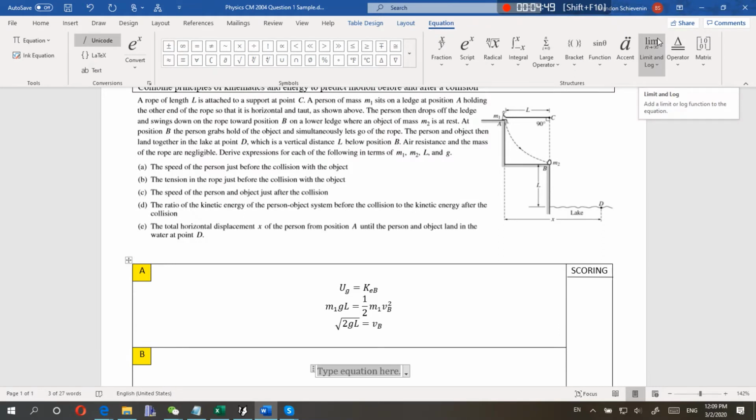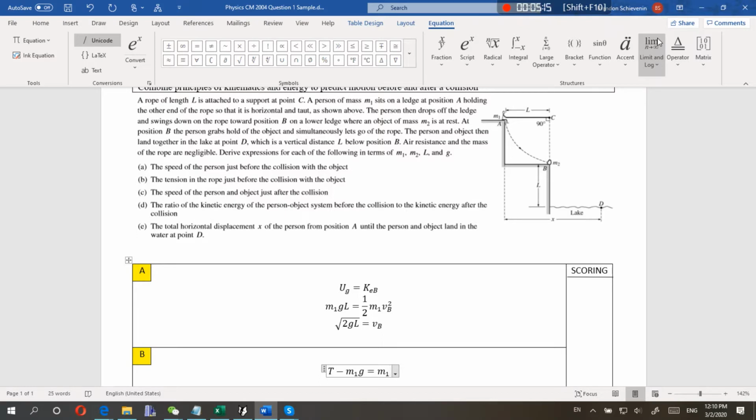I'll be a little bit more specific, but tension minus your weight is fine. So I'm going to call that mg. Which m? M1. M1g should equal M1 times what? What is our acceleration?